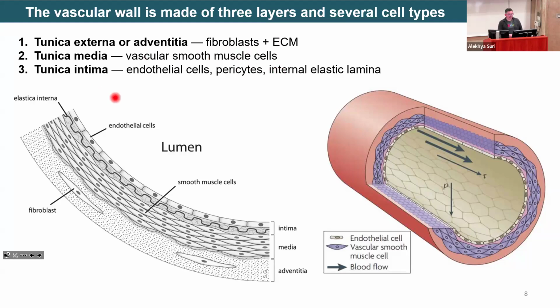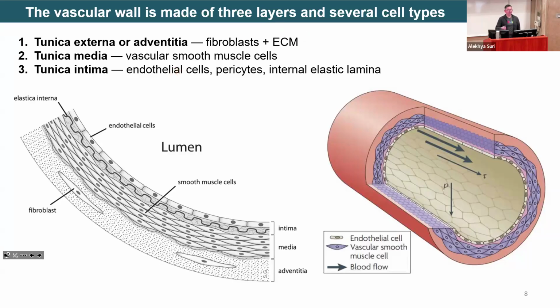And the tunica intima contains the endothelium, and it contains the elastic tissue in the vessels that have elastic tissue, right? So that accounts for the 4 tissue types, right? We have 4 tissue types: fibrous, smooth muscle, elastic tissue, and endothelium.